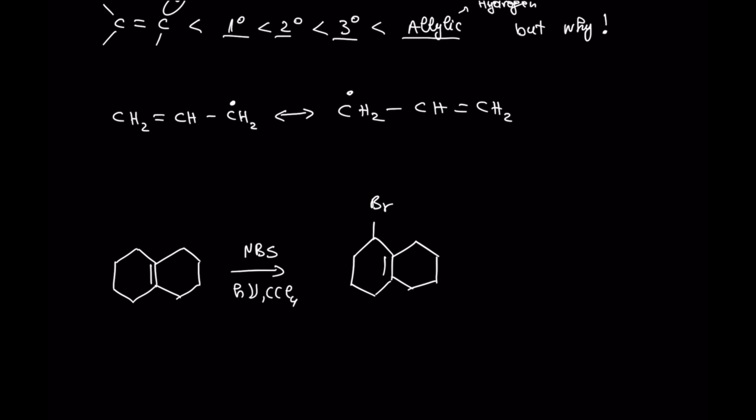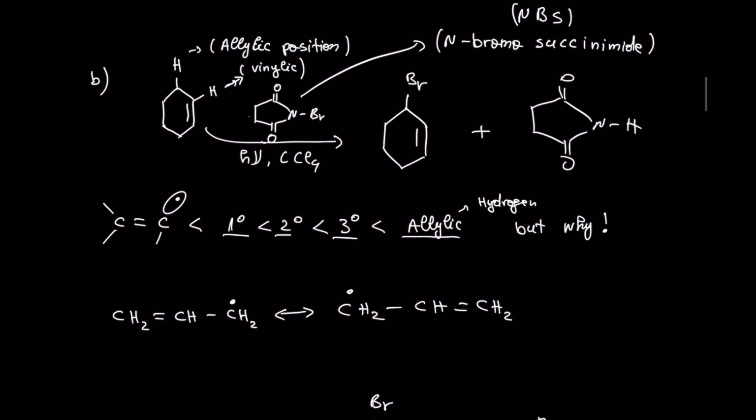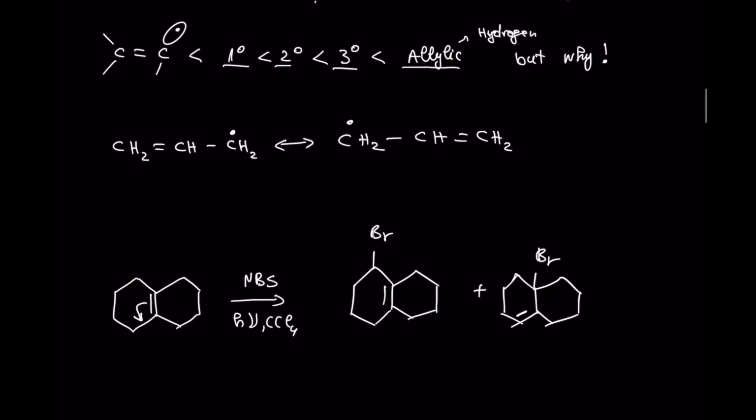But this double bond can move here and you can have another compound, due to the resonance structure. So be careful. If the compound is symmetrical, like in this case, there is no other product, only one. But if the compound is not symmetrical, it has different positions and is going to give more than one product.